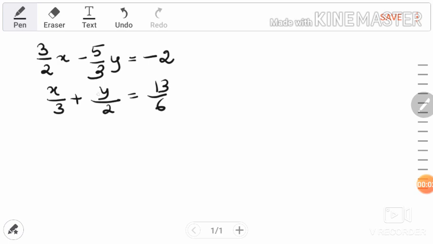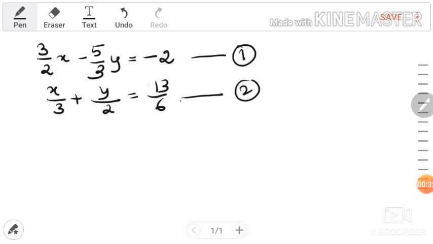Let us now solve another type of pair of equations where the coefficients are fractions. Label the equations as 1 and 2. Now the first equation has denominators 2 and 3. The second equation has denominators 3, 2 and 6.